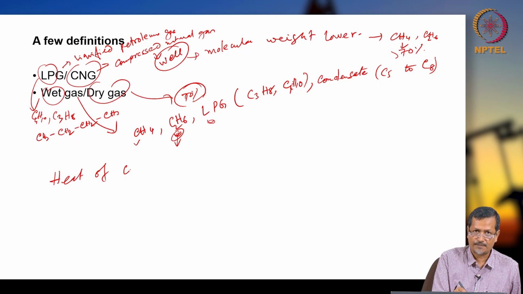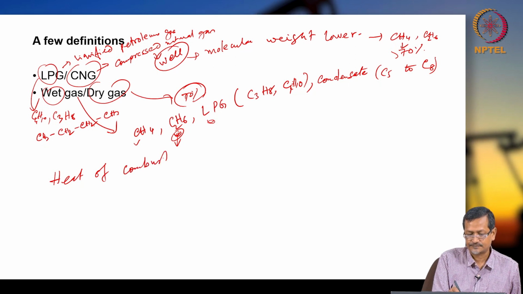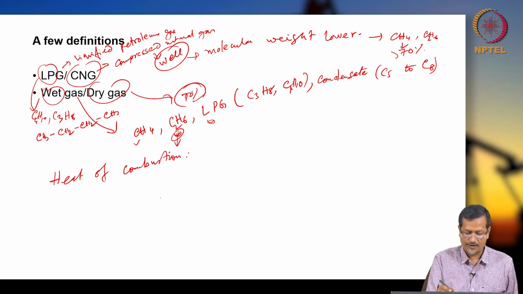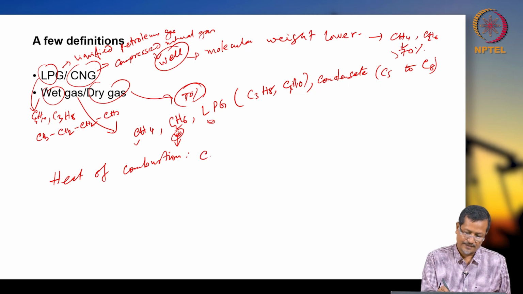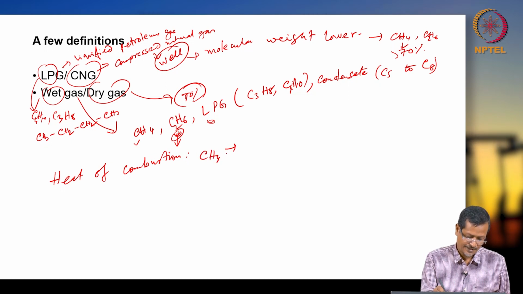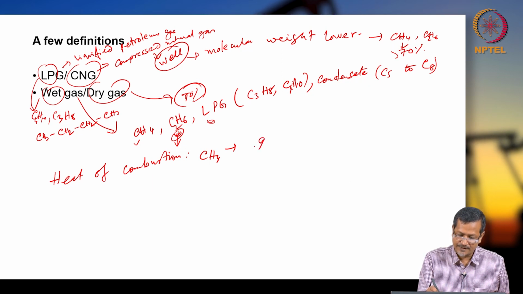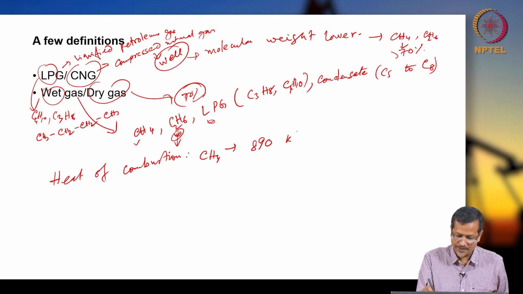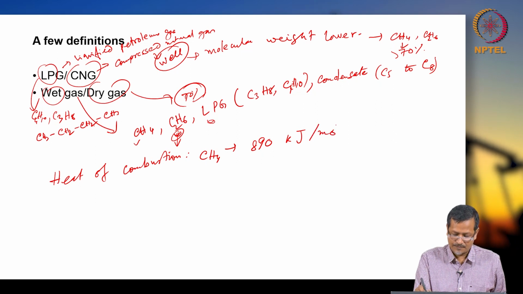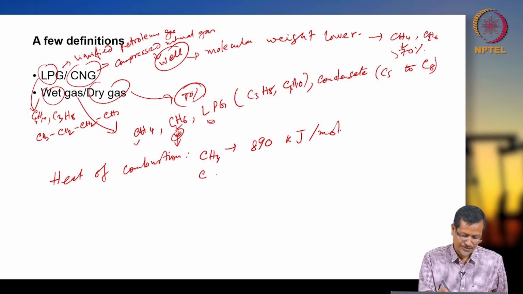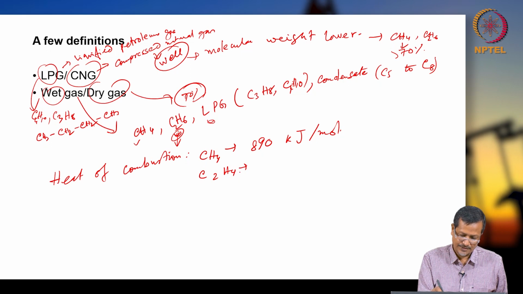if I take CH4, it will have, roughly I am giving, 890 kJ per mole, and C2H4 ethene.